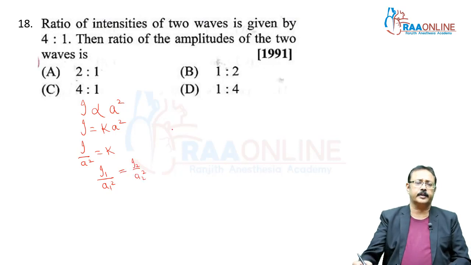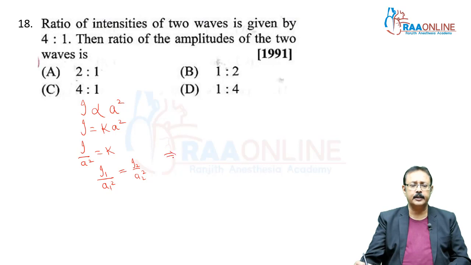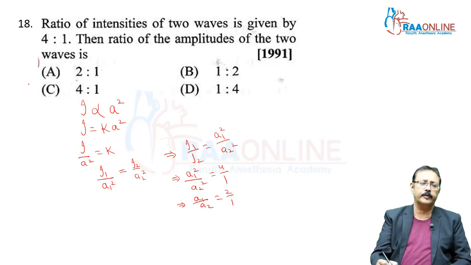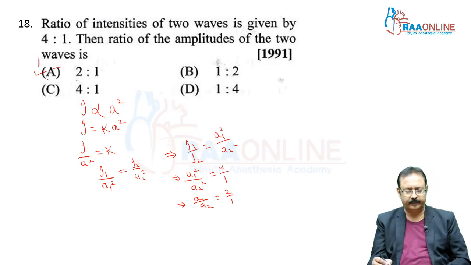It should be constant. Since in this problem I1 upon I2 is given and we want the ratio A1 by A2. What is given? I1 by I2 is 4:1. It means A1 square by A2 square is 4:1. Taking square root, ignoring the minus sign, amplitude cannot be negative, we are getting 2:1. So we are going with option A.